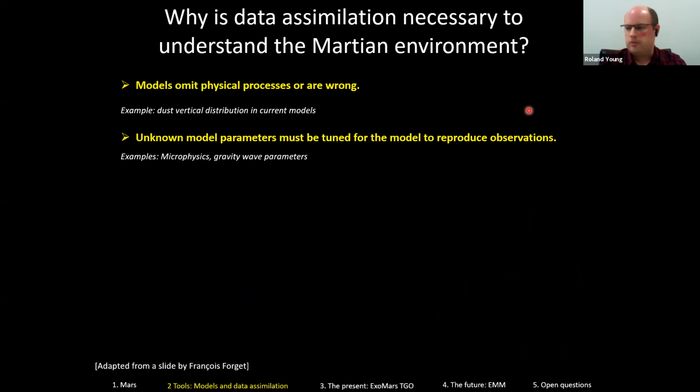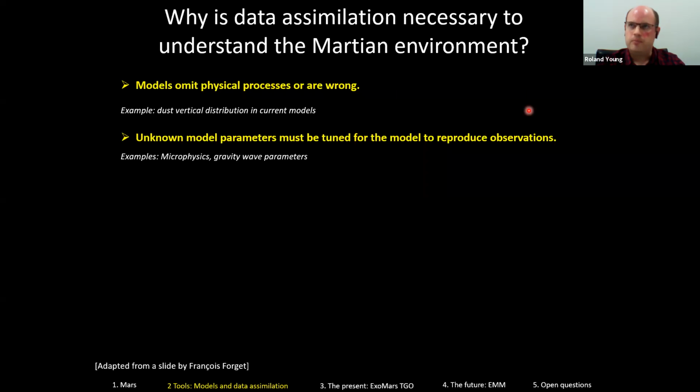So for Mars, we use this technique for various reasons, and there are 5 main reasons why this is an important technique to use. So the first is that you might have a model that omits physical processes, or that is wrong in some sense. And we know that, for example, on Mars, we don't really understand the distribution of dust in the vertical direction. It's very hard to measure.